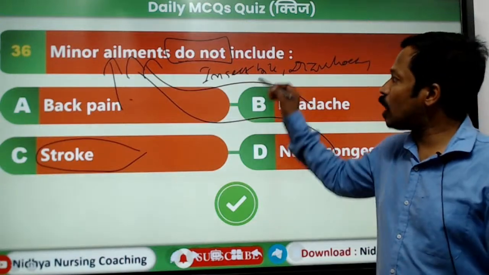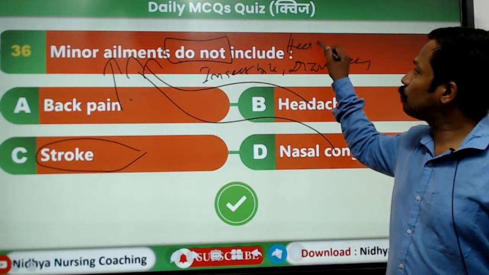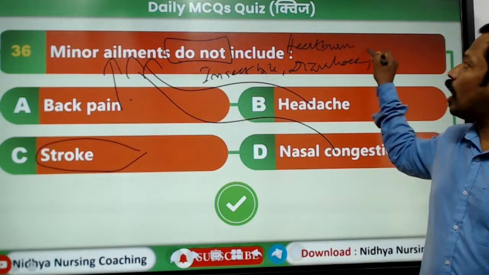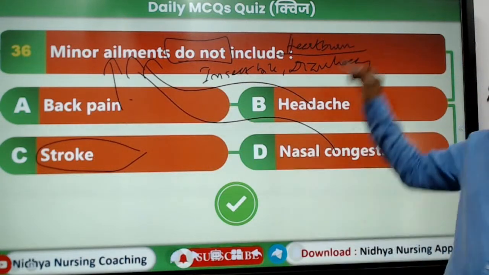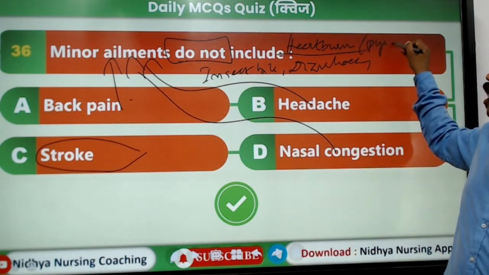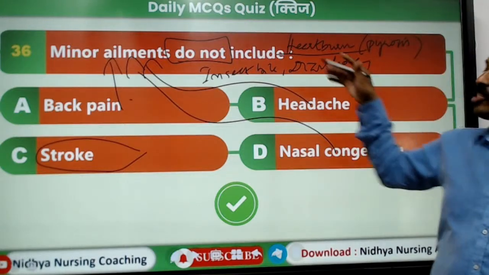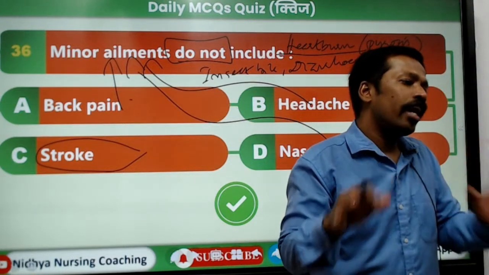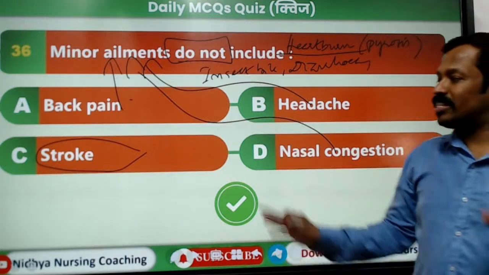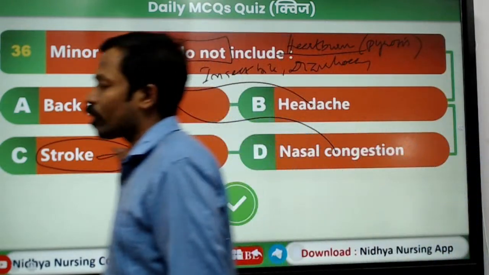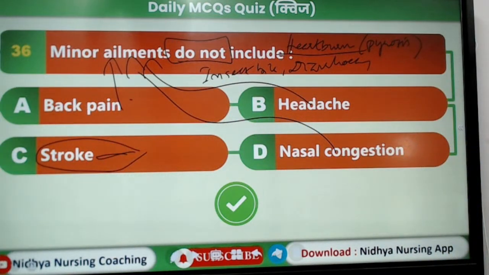Heartburn. Another terminology for heartburn is pyrosis. All these are minor ailments. Which is not a minor ailment? Stroke is not a minor ailment, it is a major one. Got it? Okay, fine. Next.